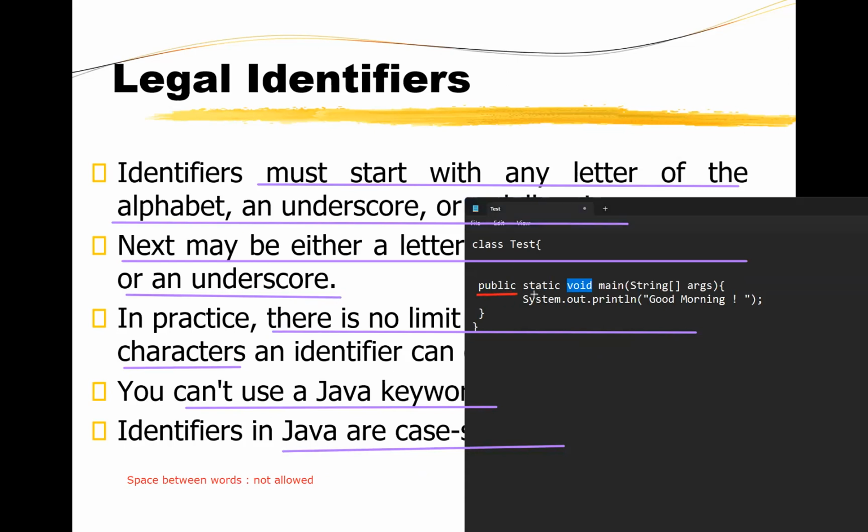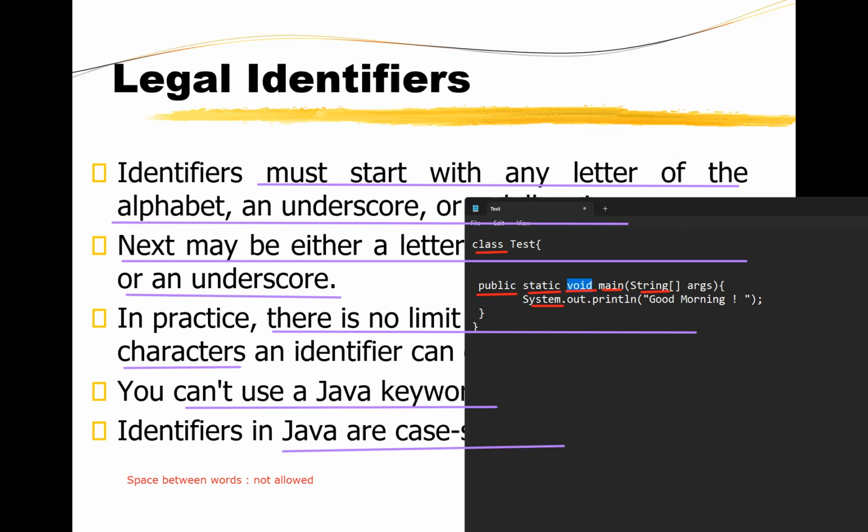Public we can't use, static we can't use, void we can't use, main is already reserved, String we can't use, System we can't use, right? The class we can't use. All are reserved already. The print method, if you are inside this package, is already reserved. But in other code, it is not reserved.